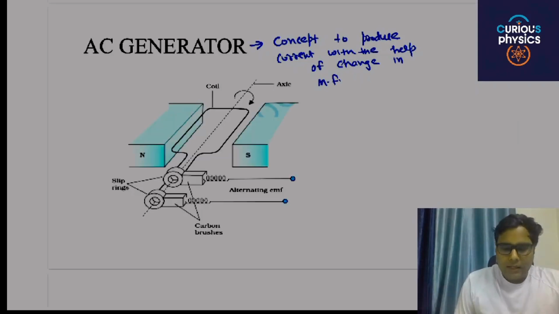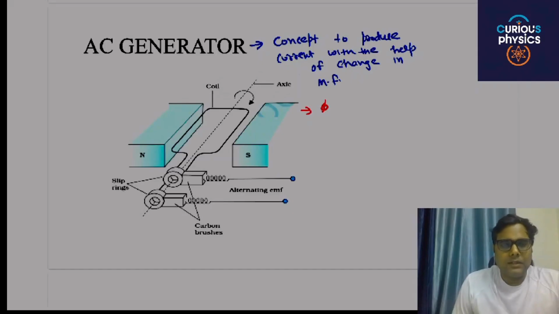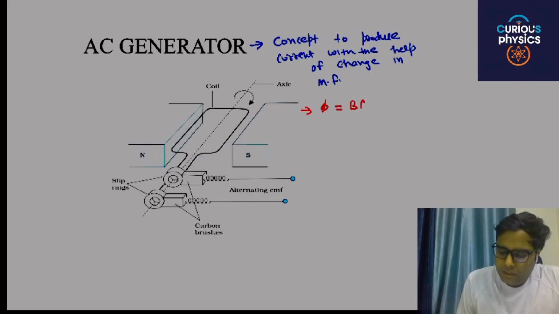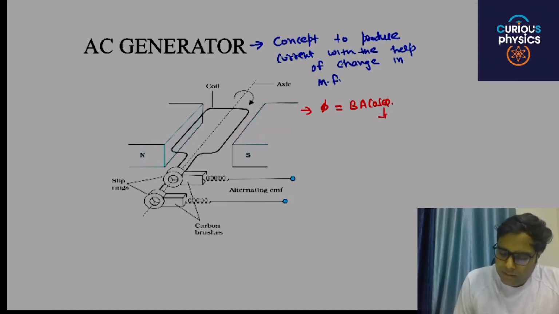Okay, as we know that magnetic flux in a particular loop can be written as BA cos theta, where B is the magnetic field, A is area, and theta is the angle between the magnetic field and the area vector.